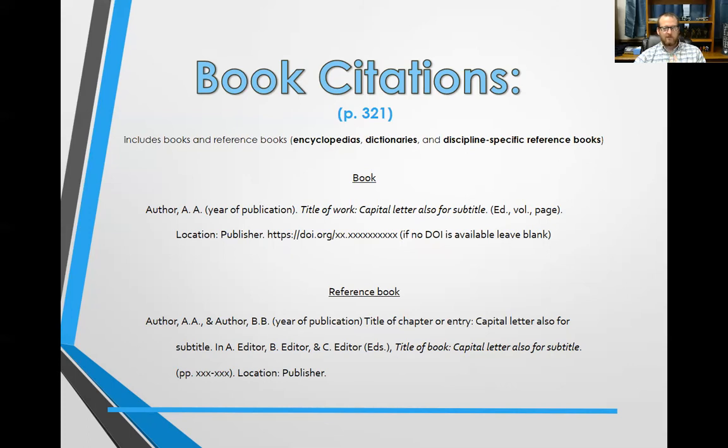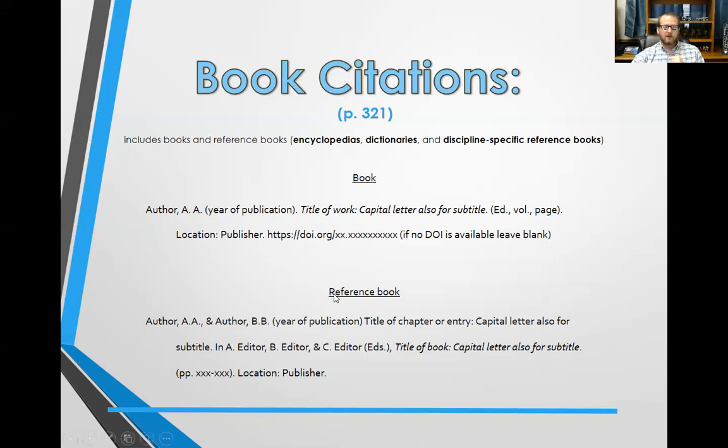The volume, if it's part of a multi-volume work, and the page number if you're quoting from a specific page. The location, which is going to be part of that publication information, right? Like where is it published and who the publisher is. If it has a DOI, you're going to include that. A lot of books aren't going to have one, so you just leave it off if there wasn't a DOI.